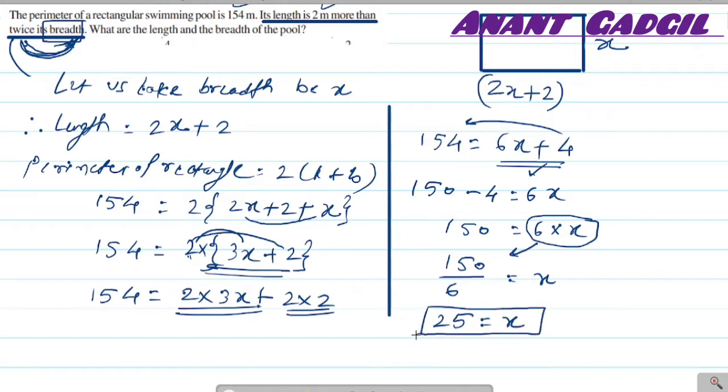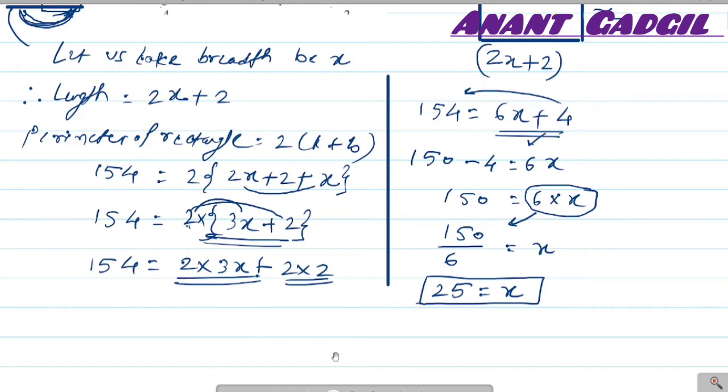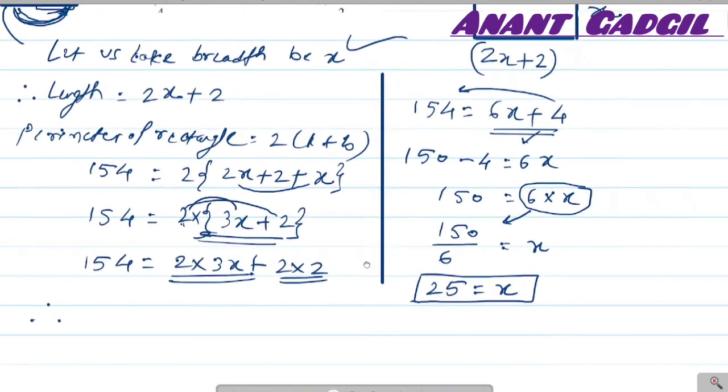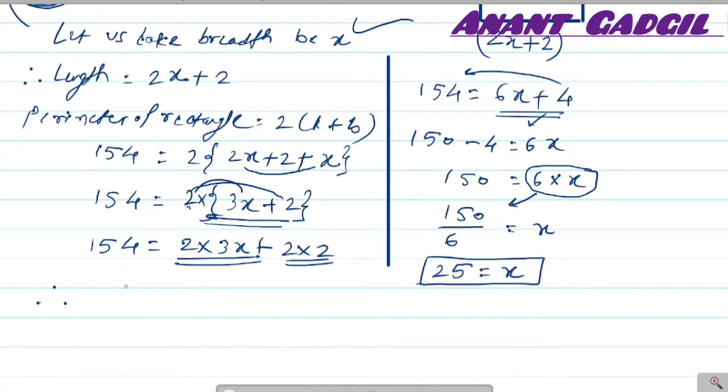Now as it is a word problem, you have to write the answer in words. So what did we take x as? We had taken x as the breadth. And what was the unit given to us of the perimeter? They had given the unit in meters, right? 154 meters. So, I am going to write the answer as, therefore, the breadth is 25 meters and length is, what was the length?